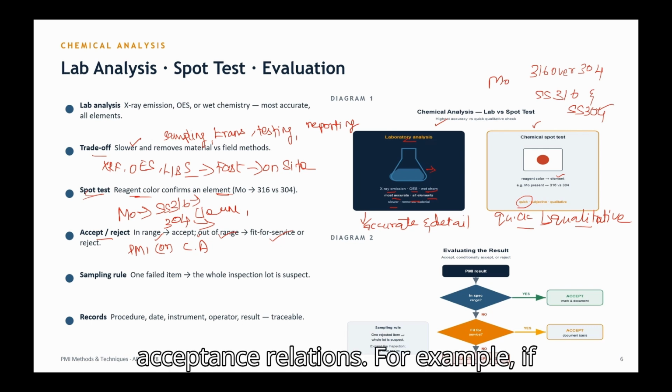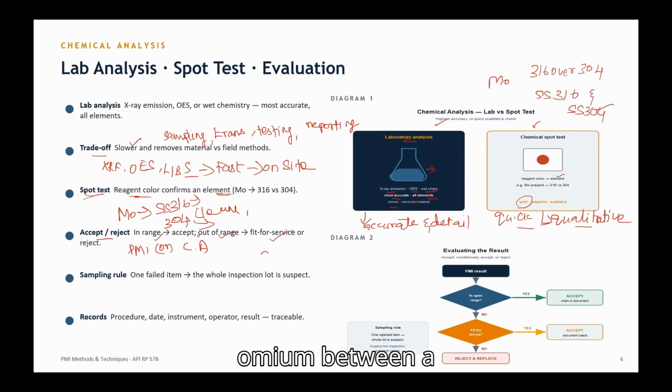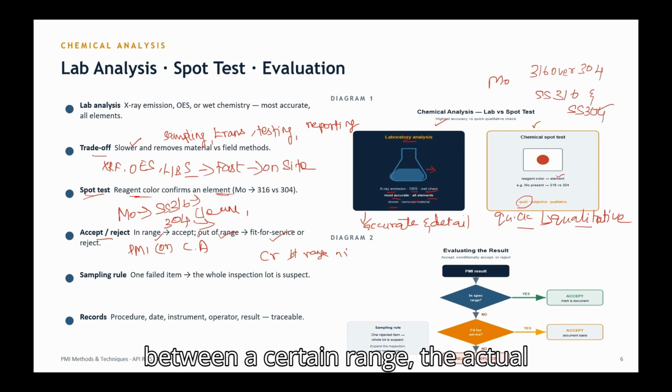For example, if the material specification requires chromium between a certain range, nickel between a certain range, molybdenum between a certain range, the actual result must fall within those limits.